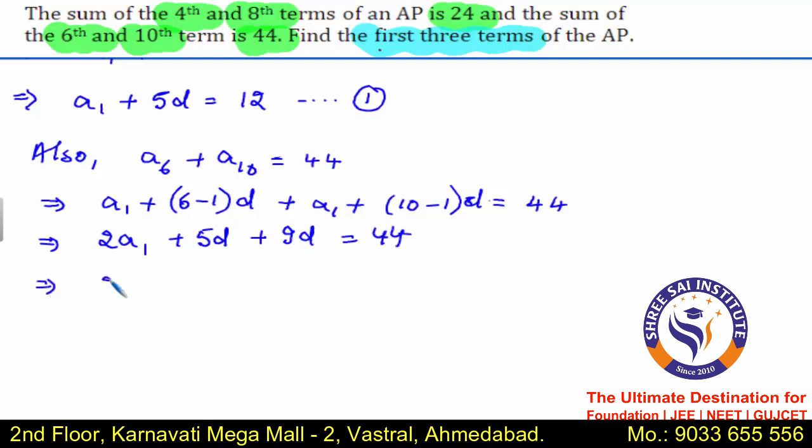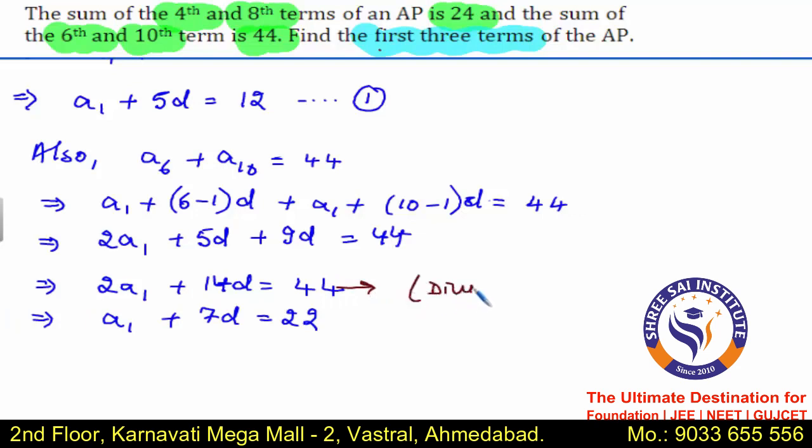This further implies that 2 times of A1 plus 9D plus 5D gives 14D is equal to 44. This further implies that A1 plus 7D is equal to 22, which we get on dividing both sides of this equation by 2. Let this equation be 2.